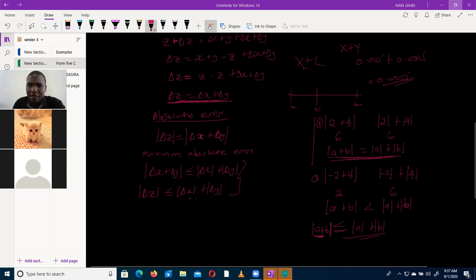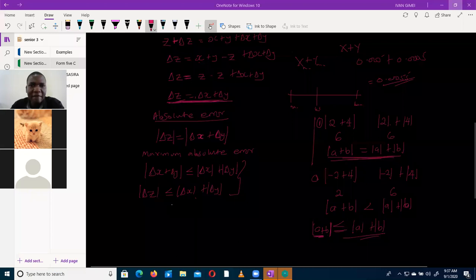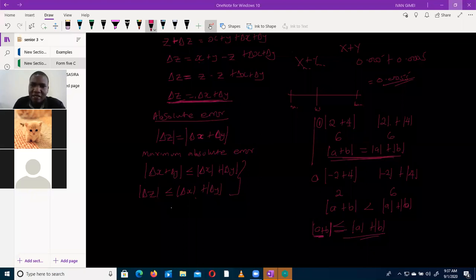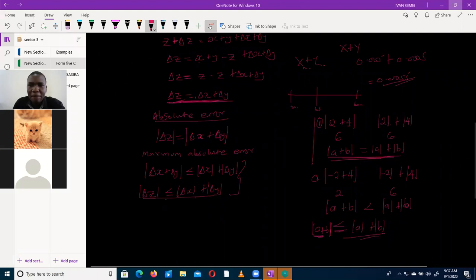So they'll ask you to derive, the question will be, find the maximum, derive the expression for the maximum possible error in the sum of x plus y, in the sum of x and y. This is the expression for the maximum possible error or the maximum absolute error.